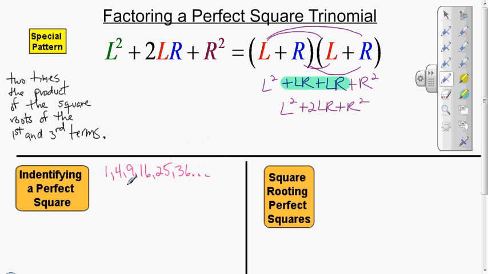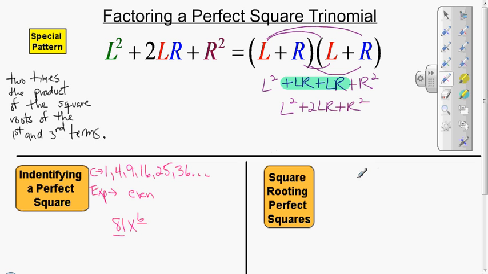So the coefficient needs to be one of these numbers. The exponent just has to be even. For example, something of the nature of 81 x to the 6th is a perfect square because 81 is from the magic list and 6 is even.